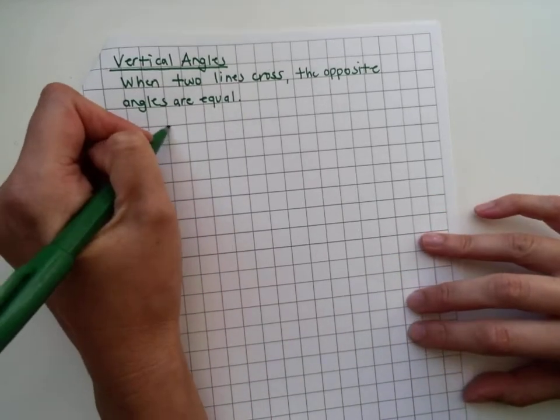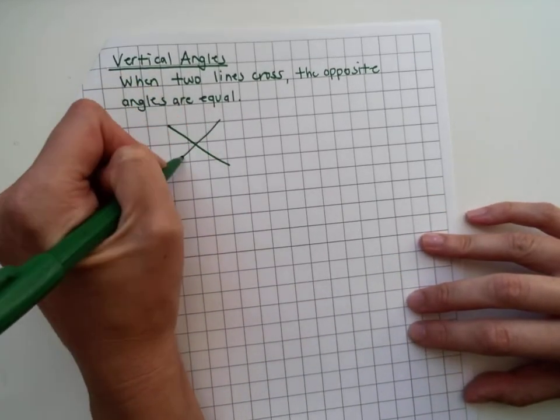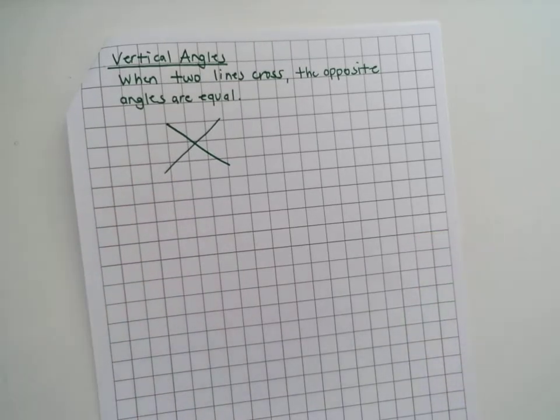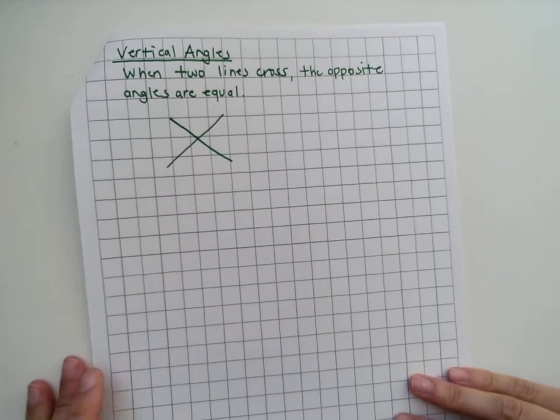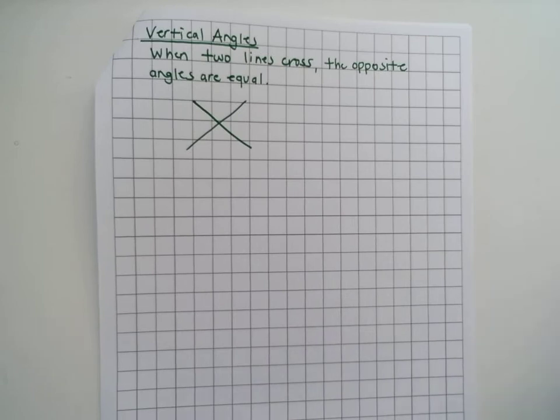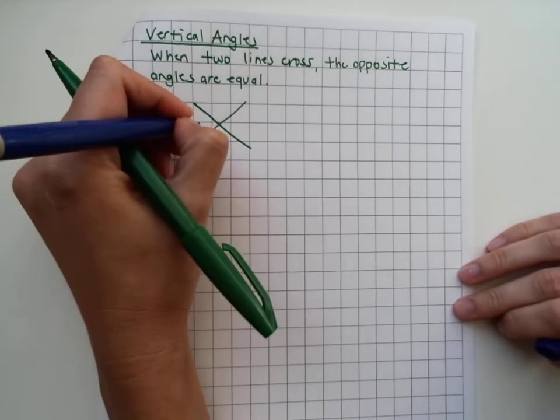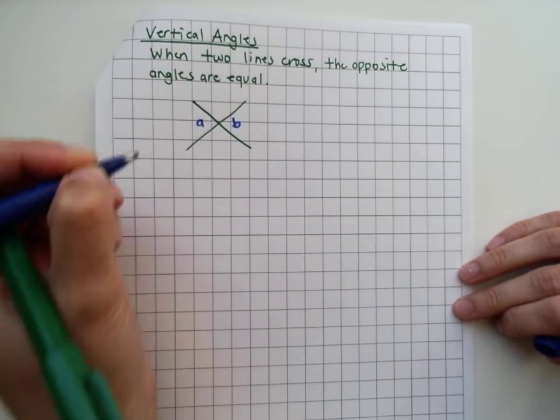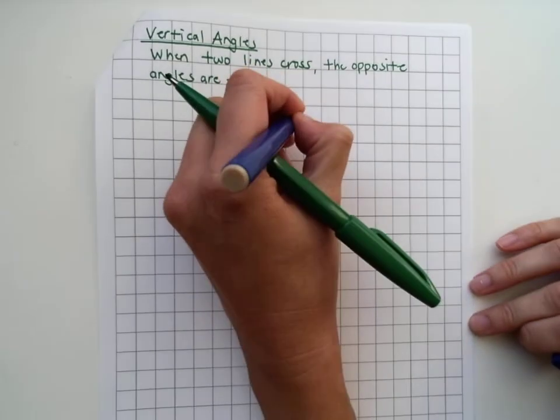So let's draw two lines that cross. The opposite angles are equal. So let me get different colors. If we have A and B here, these angles are equal.